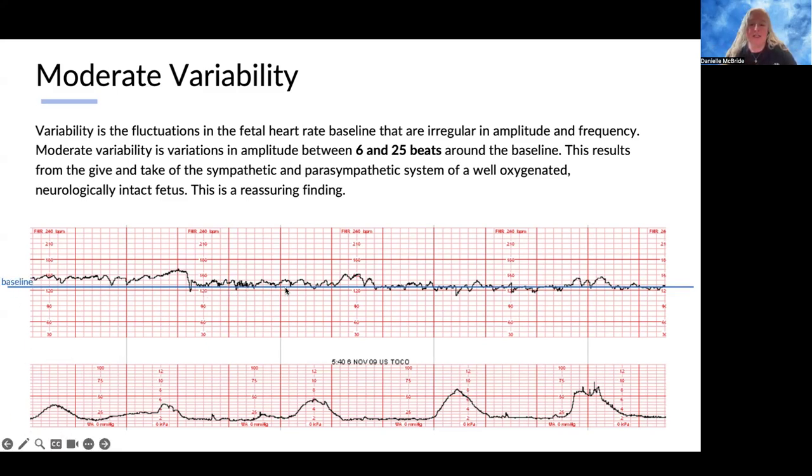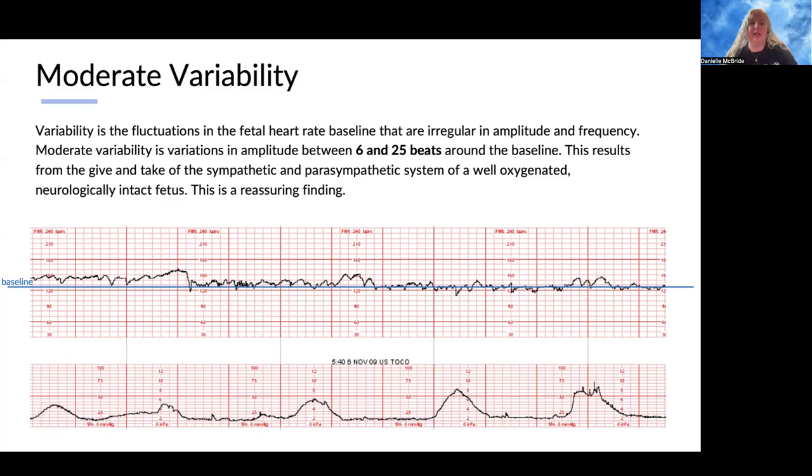And then we're going to look at these variations or these irregular changes in amplitude, and it makes your line squiggly. So when you see the line squiggling above and below the baseline, this is variability. And if it's between 6 and 25 beats around the baseline, this is what we call moderate variability.